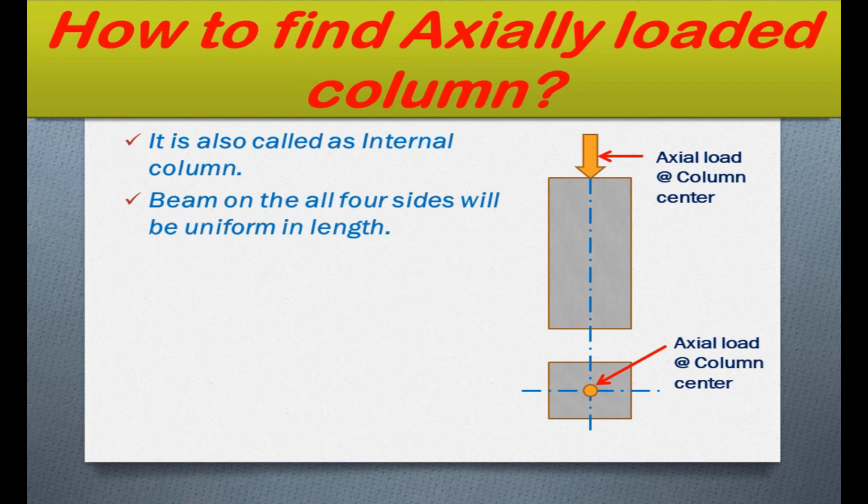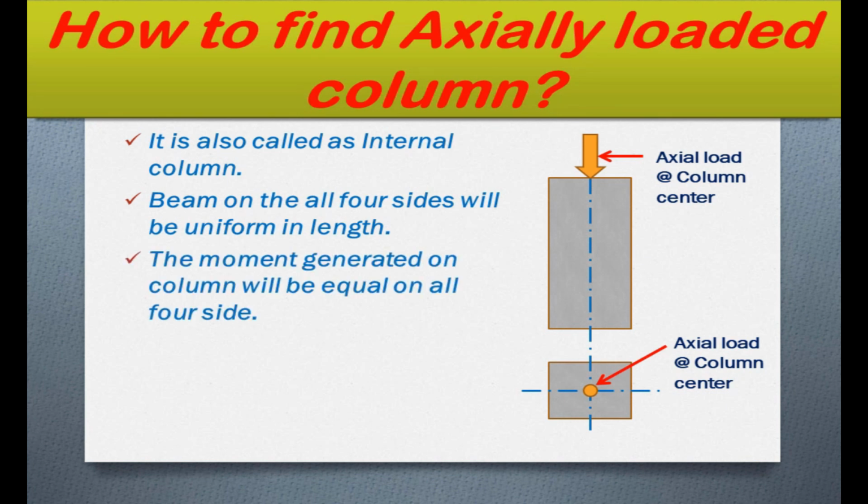Beams on all four sides will be uniform in length. Why do we call internal columns axially loaded columns? Because the beams on all four sides are uniform. Next, the moment generated on the column will be equal on all four sides.